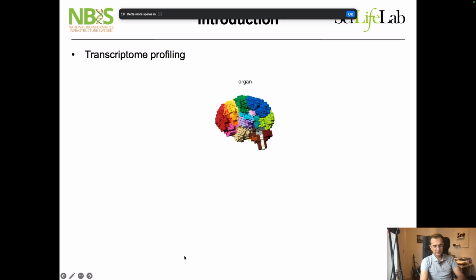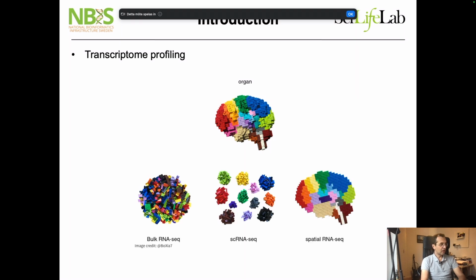So when we are studying biology, we try to understand how an organ works in order to link it to a phenotype or disease that we are studying or investigating. And one way to do that is profiling the transcriptome or expression of genes across different tissues. And we can do that by different means.